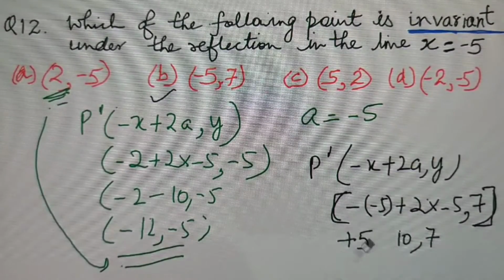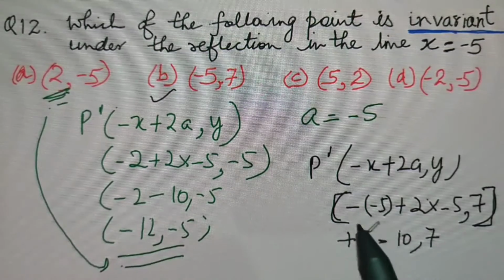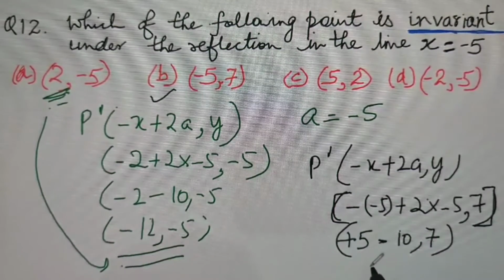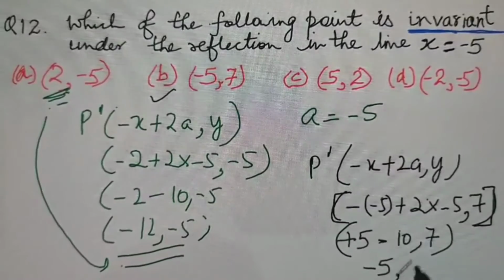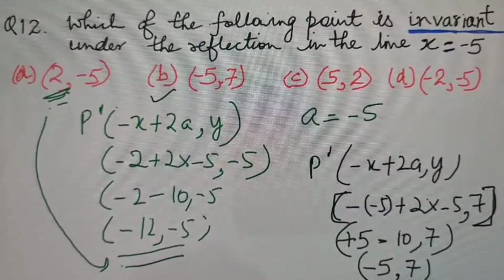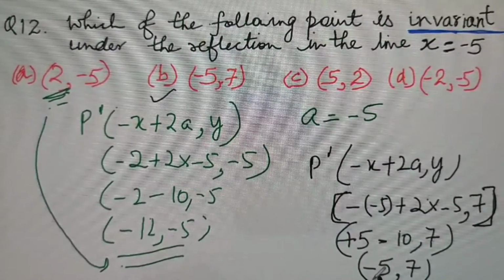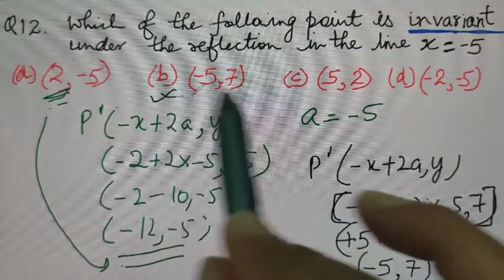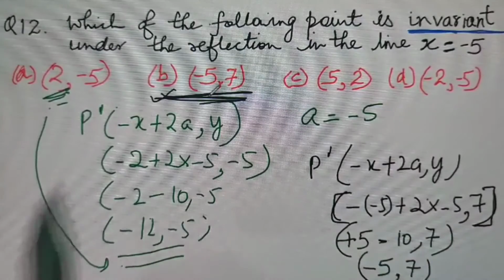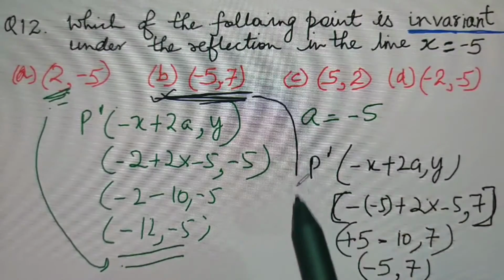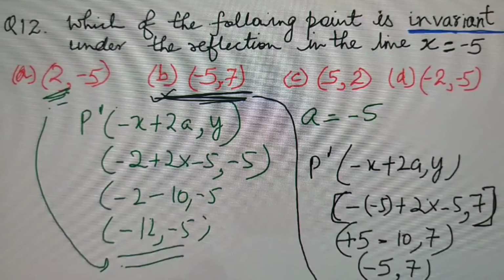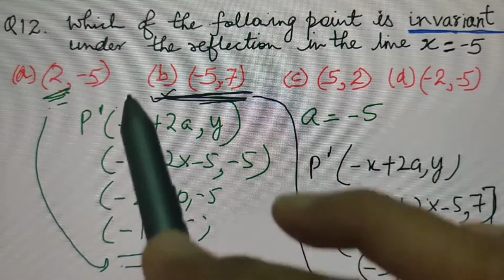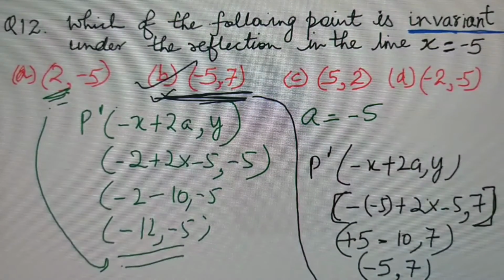Sorry, I get minus 5 here. So I'll write the next term, minus 5. Now you can see here I am getting the coordinate as minus 5 and 7. So here also I am having minus 5 and 7. So these both coordinates are same. So option B is the correct answer.